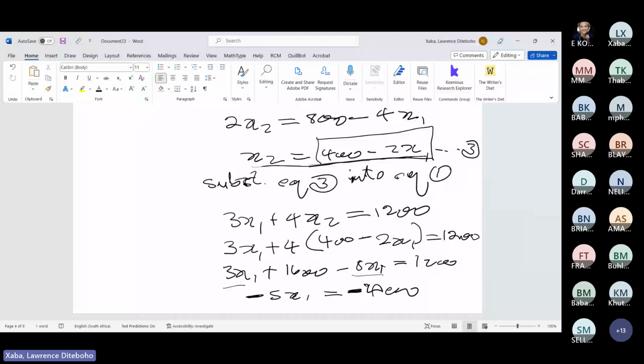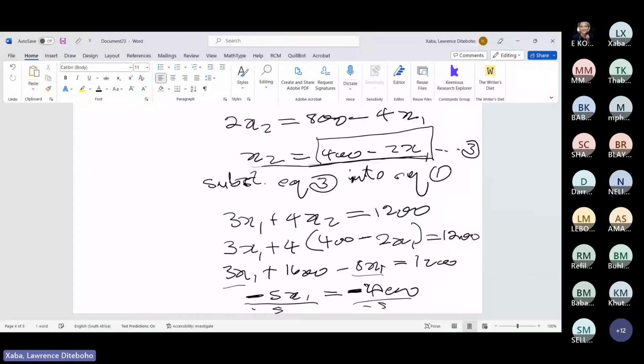Guys, are you with me? Yes. So now we have to get rid of this negative 5, so we divide by negative 5 on both sides.